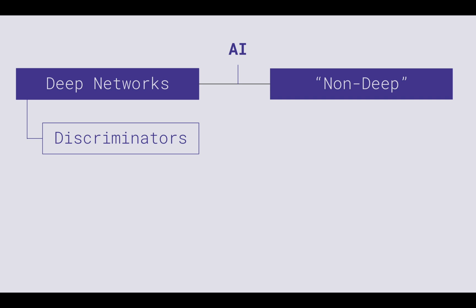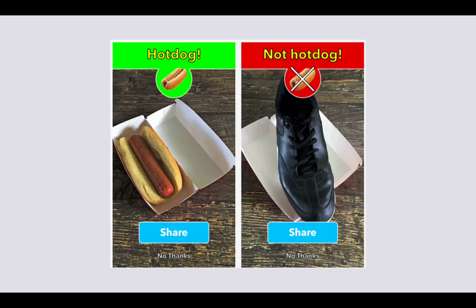So we go back to this example. I'll drop the non-deep and talk a little about just deep networks in general. In deep networks, there are then two categories. One is called discriminators, or this might be referred to more commonly as classifiers. And I would say the most famous example of this is if you saw the TV show Silicon Valley, in which they make an app called Hot Dog Not Hot Dog. And what does it do? It takes an image in and then tells you whether the image is of a hot dog or not.